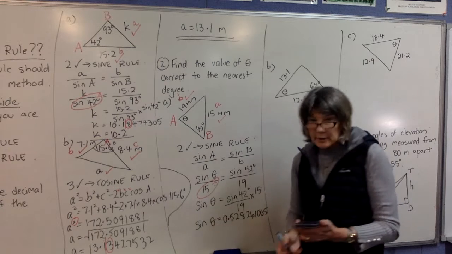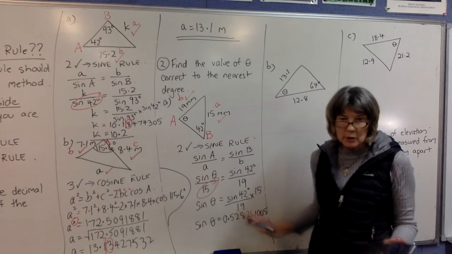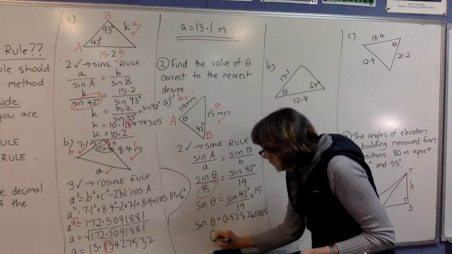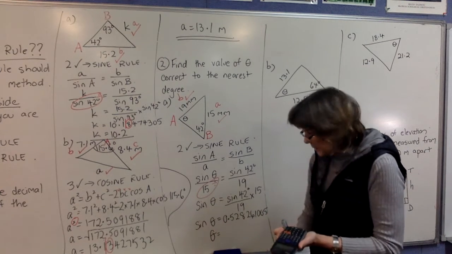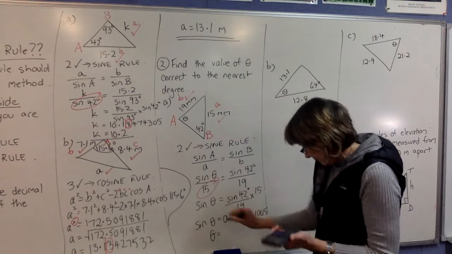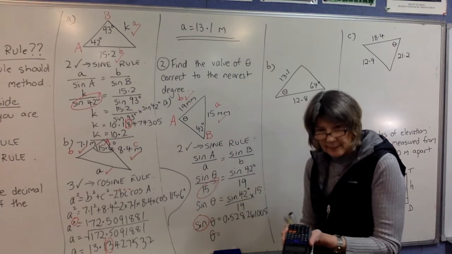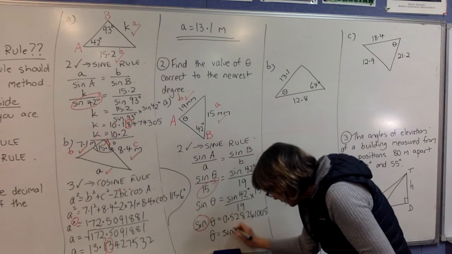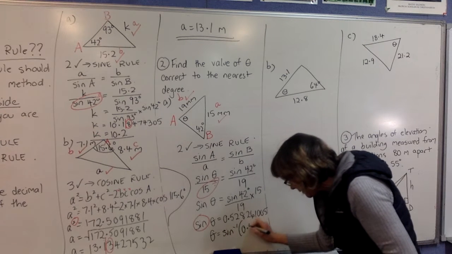Alright, now there's no rounding at all at the moment, so just always write the whole decimal down till we finish the question. Alright, so we're getting theta, so we're going to do the opposite of sine, which is inverse sine, and write that whole decimal down after it, in brackets.